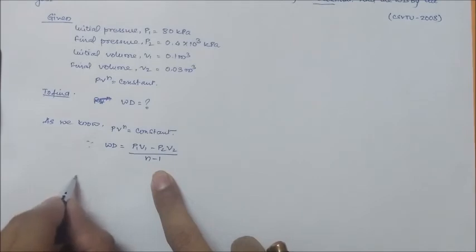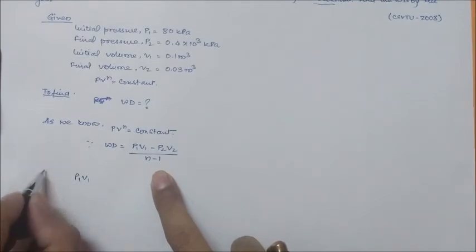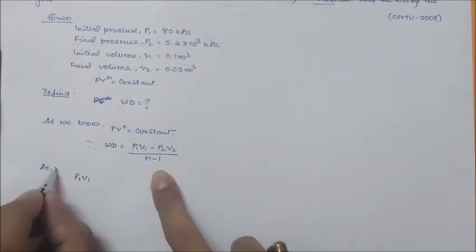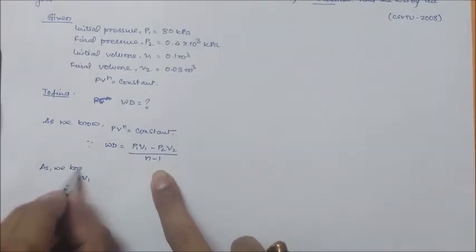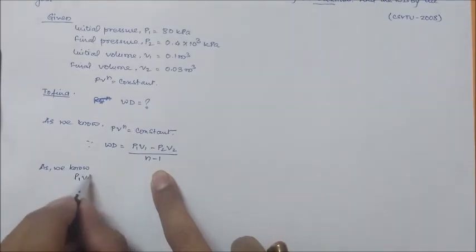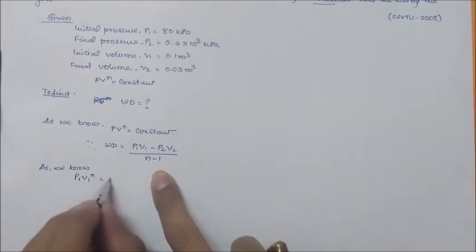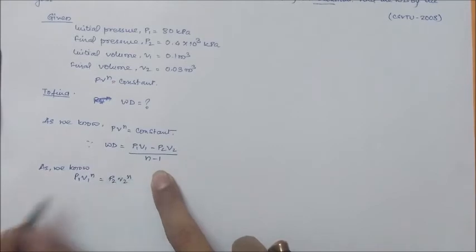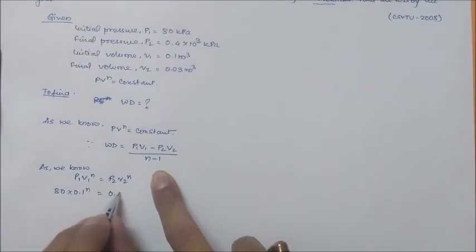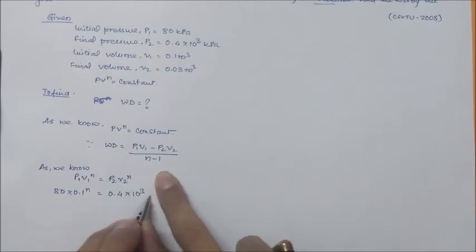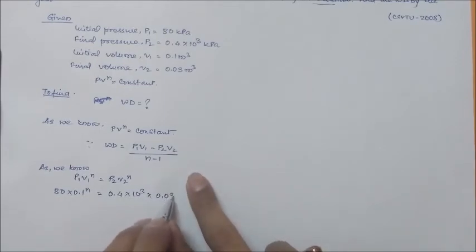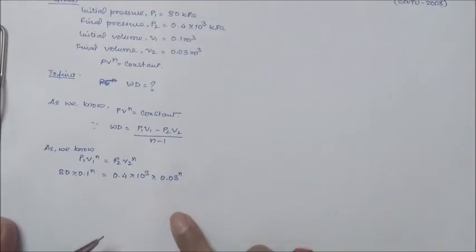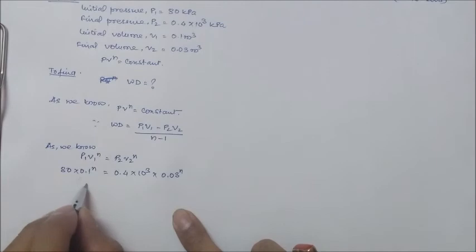So we will write P1 V1 to the power n is equal to P2 V2 to the power n. 80 into 0.1 to the power n is equal to 0.4 into 10 to the power 3 into 0.03 to the power n. So from here n is equal to 1.3.